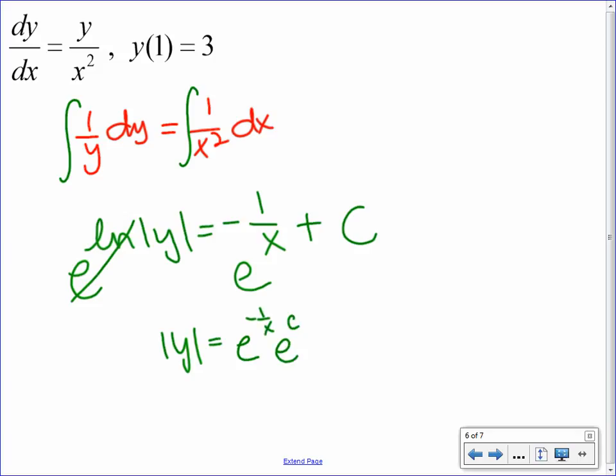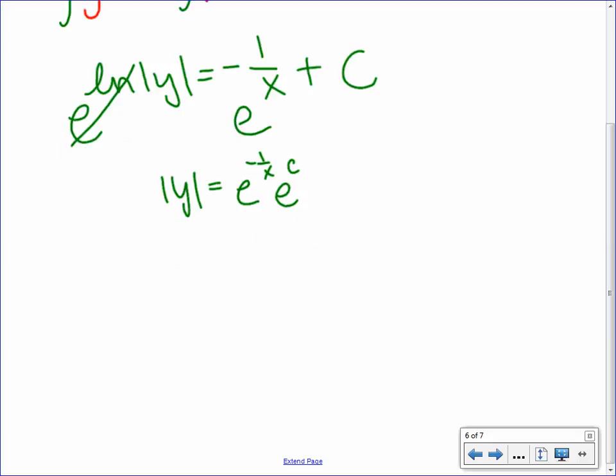Do you agree? Now, that constant will take care of whether this is plus or minus. Technically, when we have an absolute value, we have plus or minus, but that constant will tell us whether our value is positive or negative. All right, so that is our general solution.